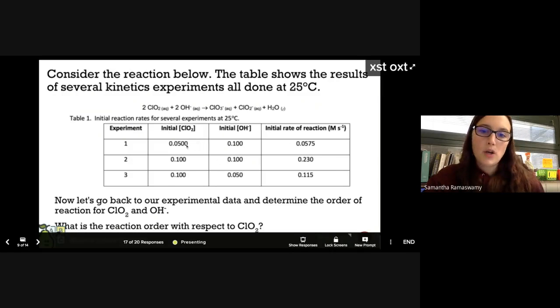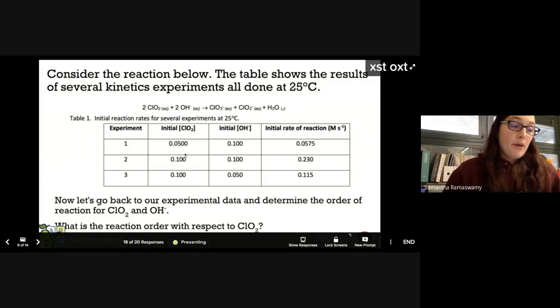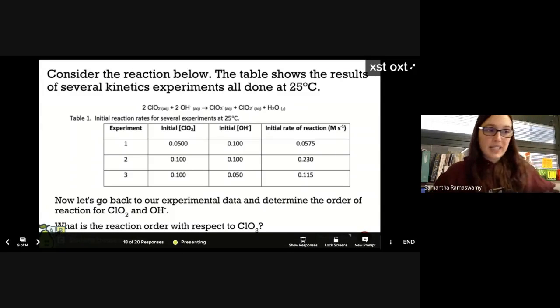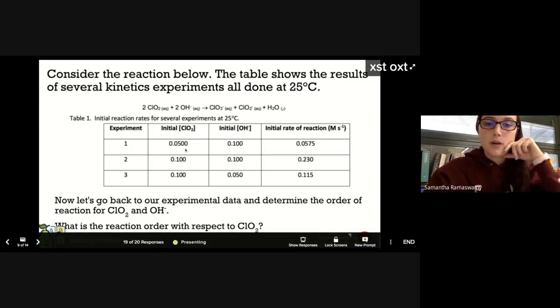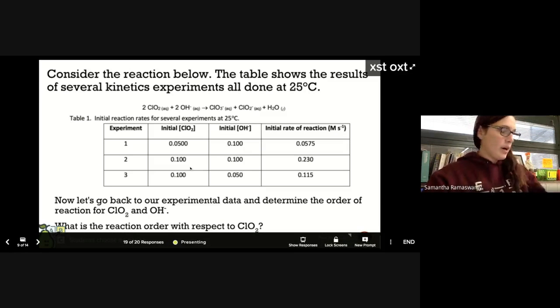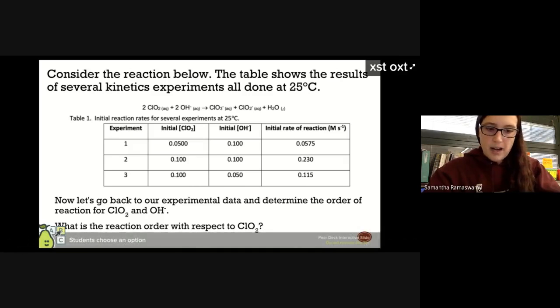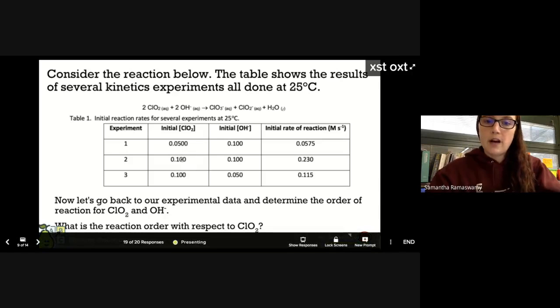The reason you're using 1 to 2 is because you only want one reactant to change at a time. So we actually have a kind of a split here with this question as I look at the results. So here's what I want us to look at from 0.05 to 0.1, right? Use your calculator. So if I do 0.1 divided by 0.05, that's 2. So from 0.05 to 0.1, that's doubling.